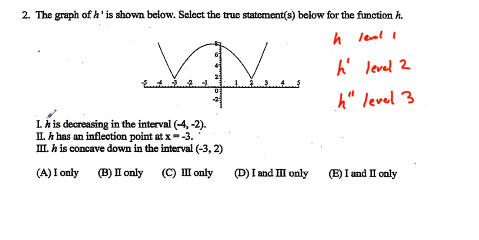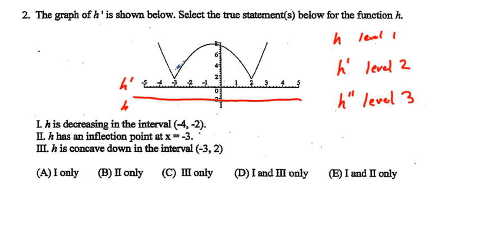Well, first option is H is decreasing on the interval from -4 to 2. Well, if we draw, this is going to be H prime above this red line, H below, and we don't have any critical numbers because the graph of the function does not touch or cross through the x-axis in any place.